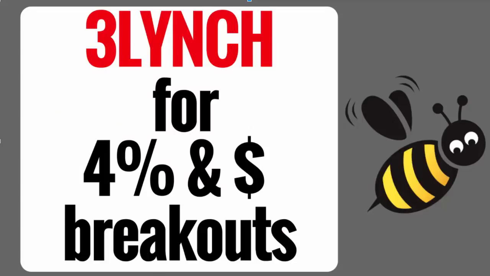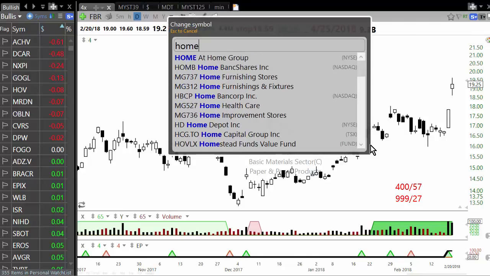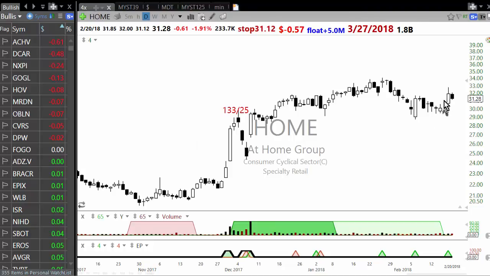Second is linear. Linear means the stock in its first leg, this is the first leg, was going up smoothly. Or if you look at any other stock, say Home, which is another stock which was highlighted as a possible thing, here is the stock's first leg move. So how smooth is the leg move?